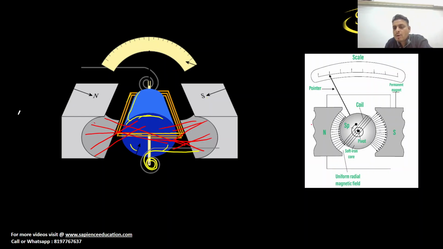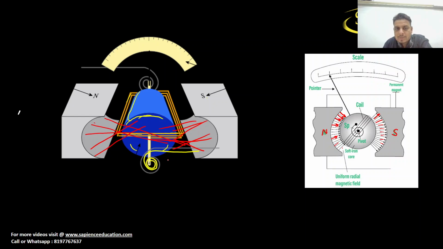This is the north pole and this is the south pole, and this is the radial direction. From north to south pole it moves like this. I hope you have understood.